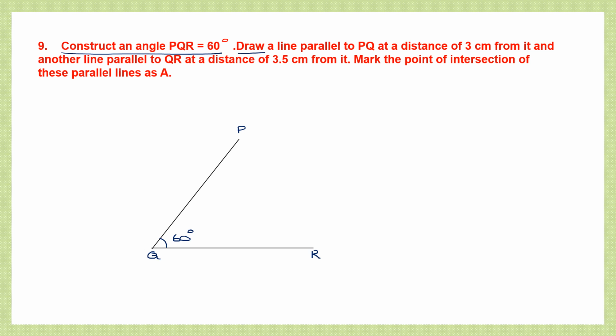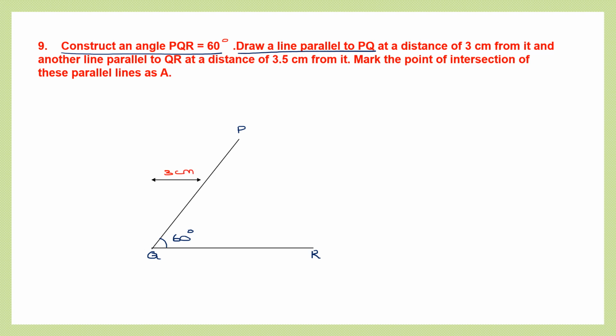Here it says draw a line parallel to PQ. So this is PQ. A line parallel to this means it should come this way, and it says clearly at a distance of 3 centimeters from it. So the distance between PQ and the next parallel line is 3 centimeters.